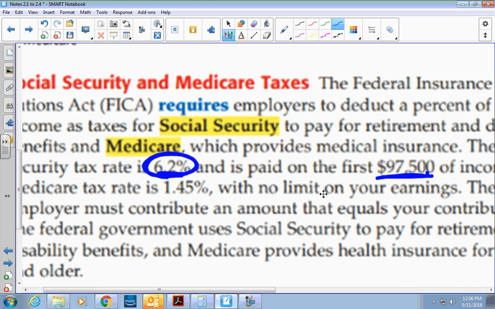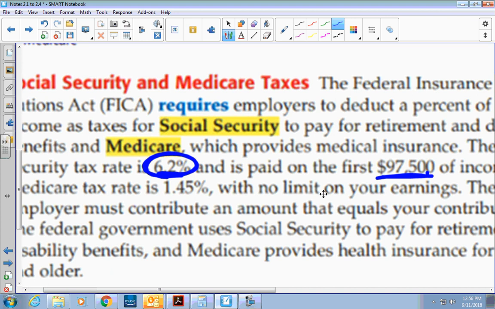After you made that amount, you didn't have to pay Social Security taxes anymore. But since this book has been written, I looked this up. It's actually now $128,000. So you have to pay Social Security tax on income up until you make $128,000. After that, you don't have to pay Social Security tax anymore.